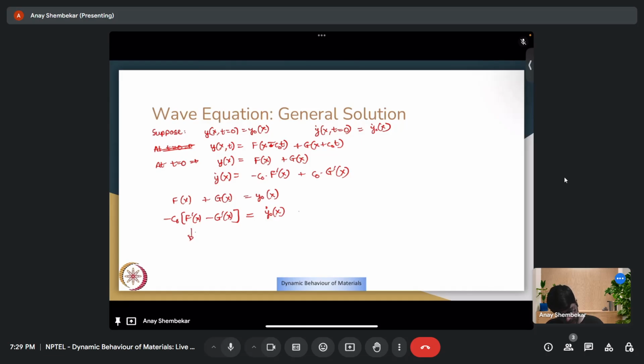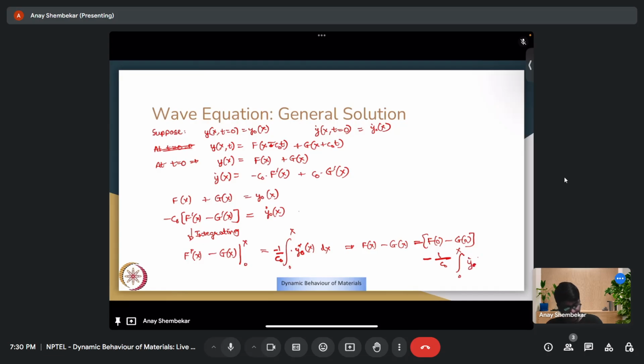F of x minus G of x going from 0 to x is the integral of minus 1 over c naught y naught dot of x dx going from 0 to x, which is nothing but capital F of x minus capital G of x equals capital F of 0 minus capital G of 0 minus 1 over c naught integral 0 to x y naught dot of x.